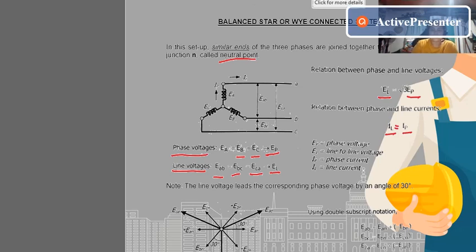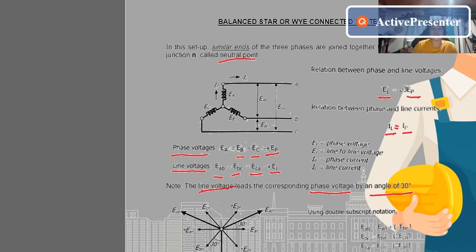So makita nato na take note nga the line voltage leads the corresponding phase voltage. So take note, ang line voltage is naka-leading siya sa phase voltage by an angle of 30 degrees.